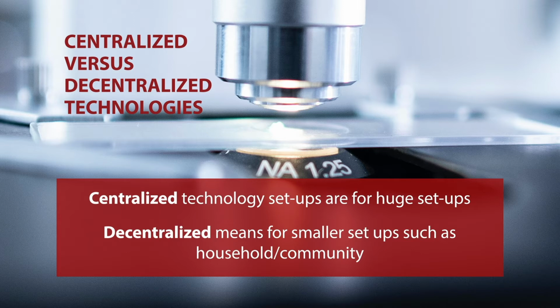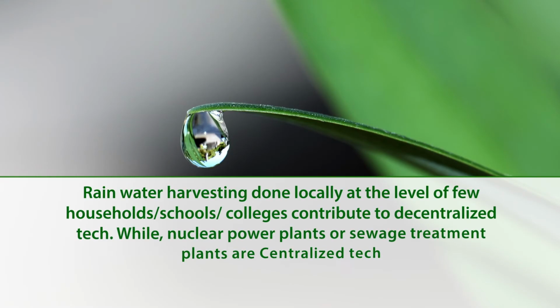Example of a decentralized technology is a rainwater harvesting system, which we all know is nowadays even in some of the residential colonies are getting together and they are using a rainwater tapping or rainwater harvesting system.